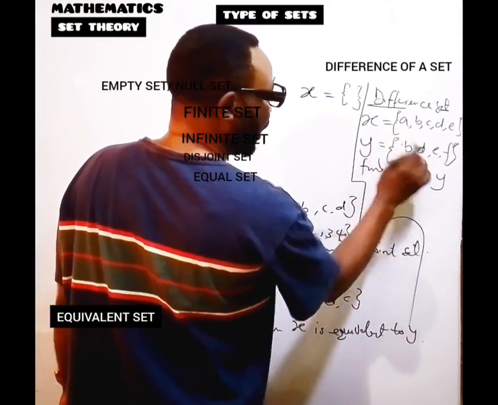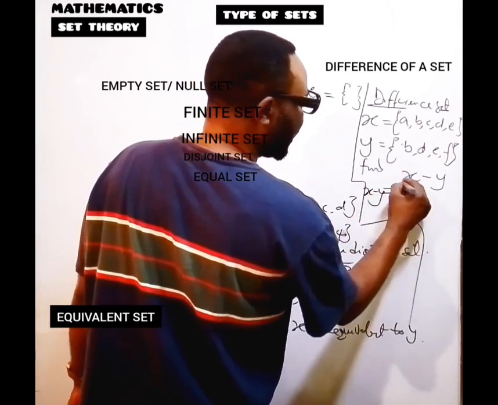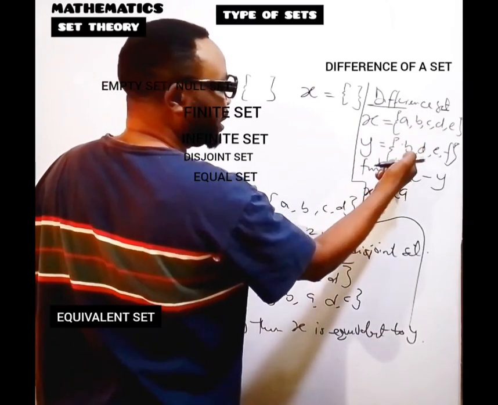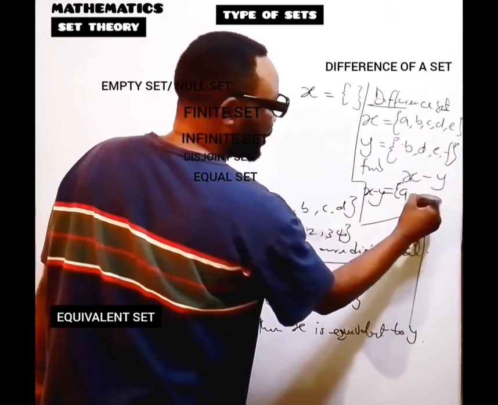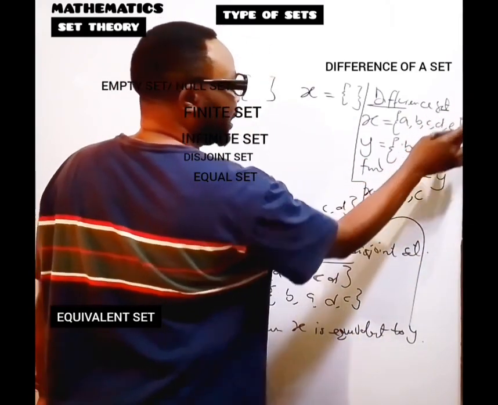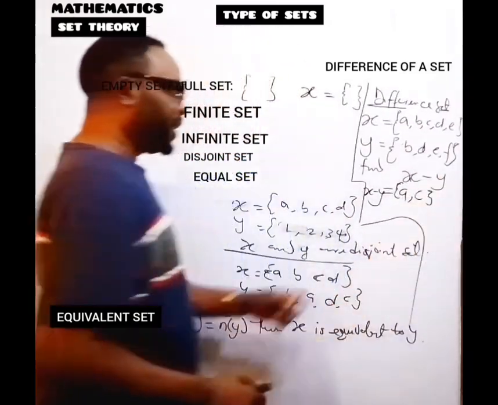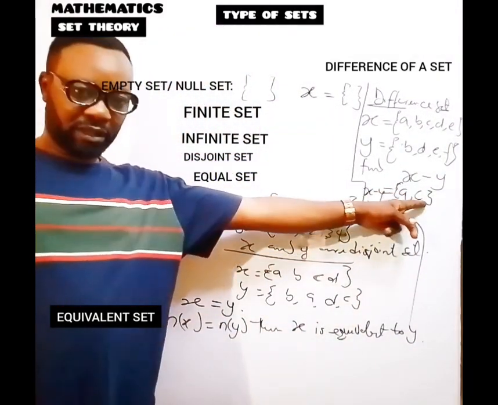You have A in X, you do not have A in Y. B is here, B is here, D is here, D is here, C is here, C is not here, E is here, E is here. So X minus Y, or the difference between X and Y, is {A, C}.